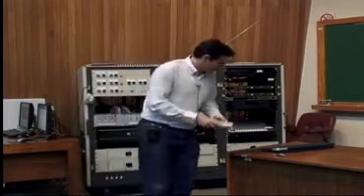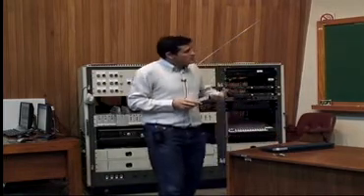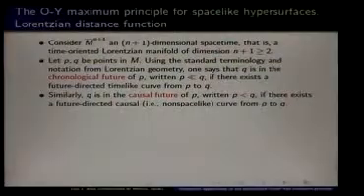Similarly, we say that Q is in the causal future of P, and we write it like this, if there exists a future-directed causal curve going from P to Q, where causal now means not space-like. So it could be time-like or light-like, but not space-like.